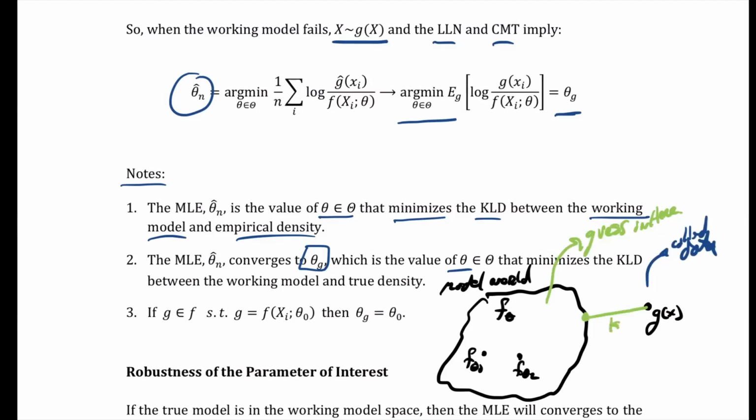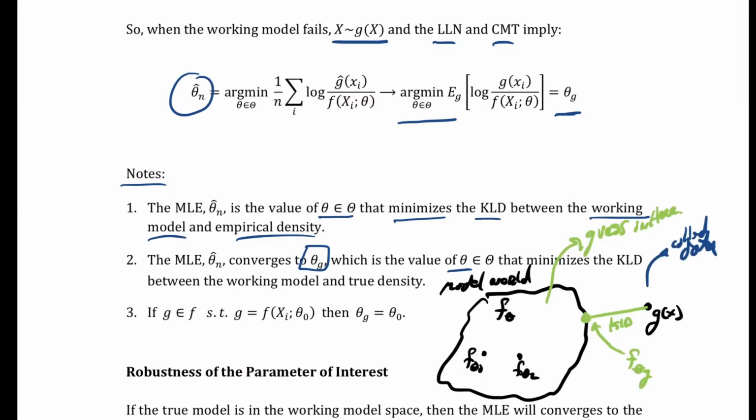So if we let this be the Kullback-Leibler divergence, we're going to pick that model. The data will eventually pick that model as being the closest. That's the closest approximation. So what is that model? That is just defined to be F of theta G. That's the theta G that's closest.